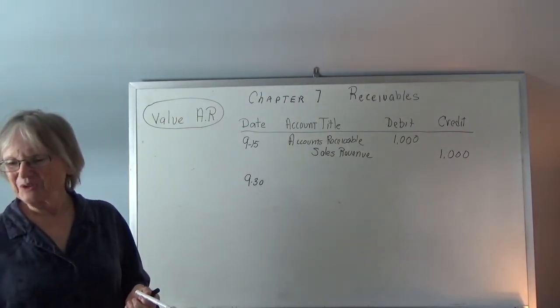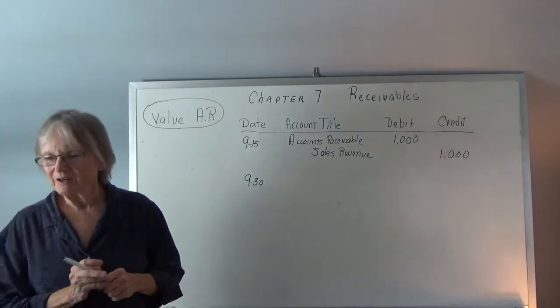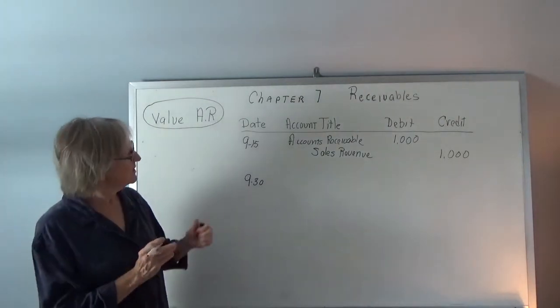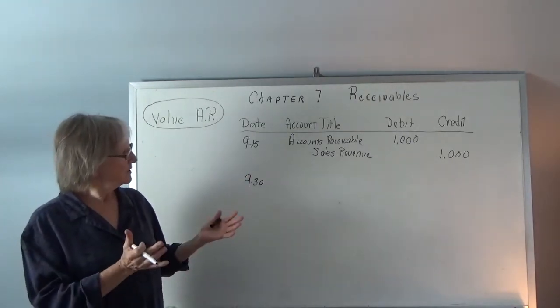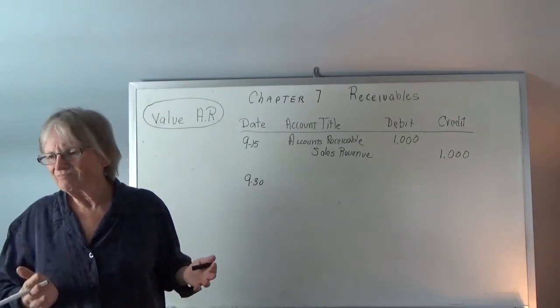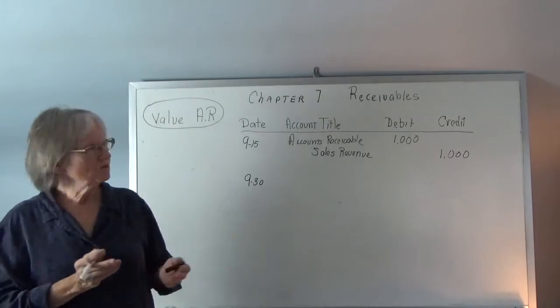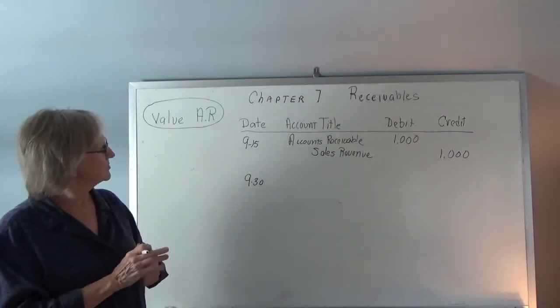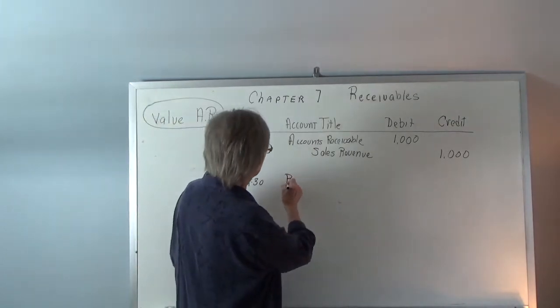Okay, so the allowance method, we're going to take this same receivable and we're going to say, okay, based on past experience, we've got $1,000 in accounts receivable, and we're going to collect most of these, but maybe 200 won't get collected. So what we're going to do when we book these receivables is we're going to make a journal entry.